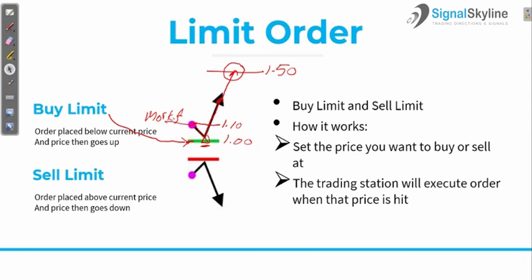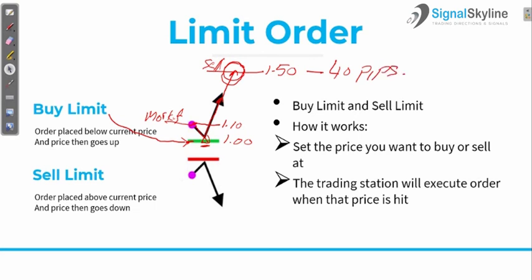After that, it will start going up, and if it does reach your target price, the order will be executed again. The trade station will sell it for you automatically, and when you come home, you see that you have made 40 pips profit, right? So that's excellent.